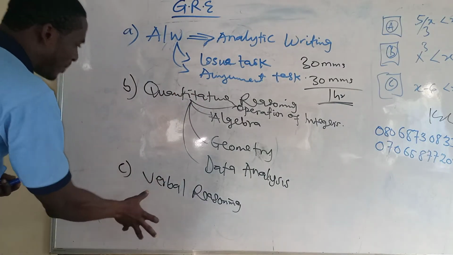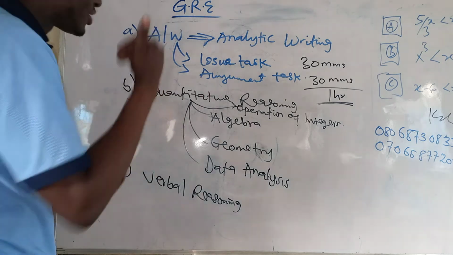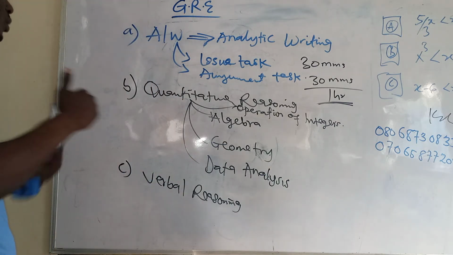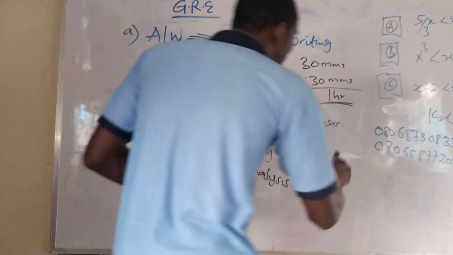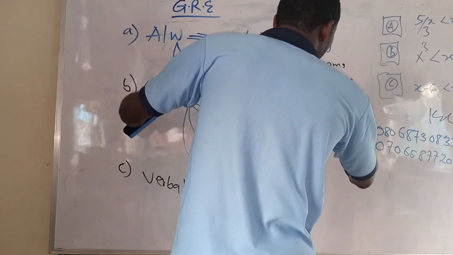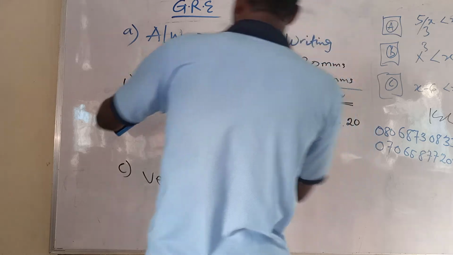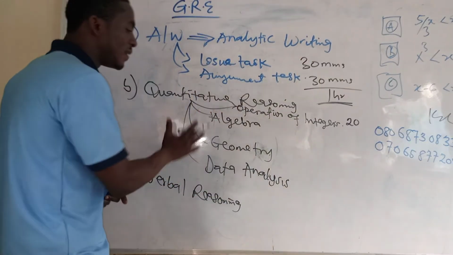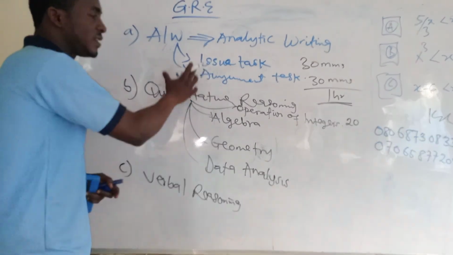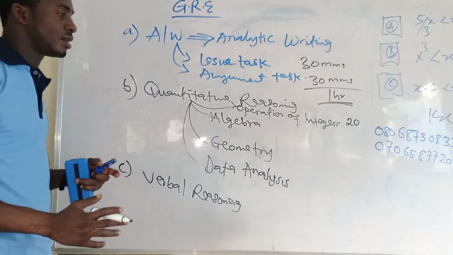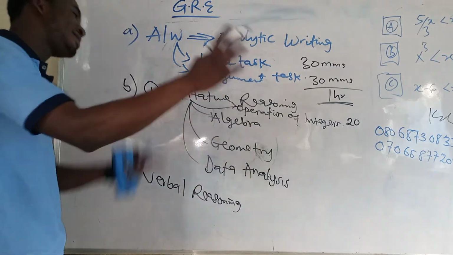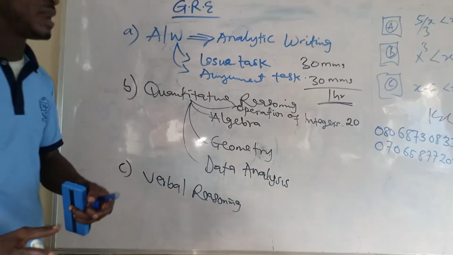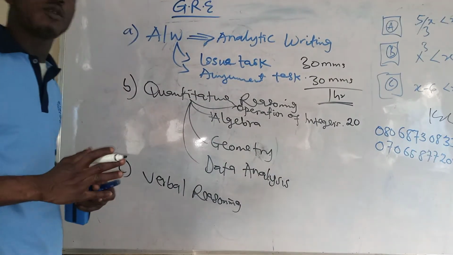quantitative reasoning and verbal reasoning now come up interchangeably. Either can come first. For example, if we are going to answer 100 questions altogether, it is not really 50 here and 50 there. It is most times 40 here and 60 there, or 60 here and 40 there, depending on the section that appears first.